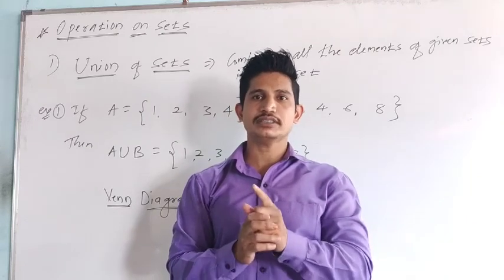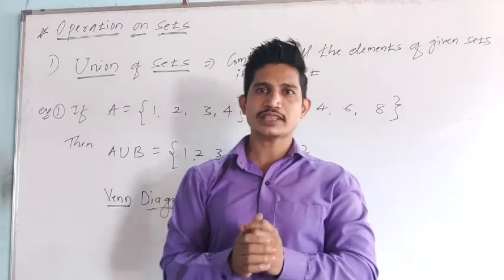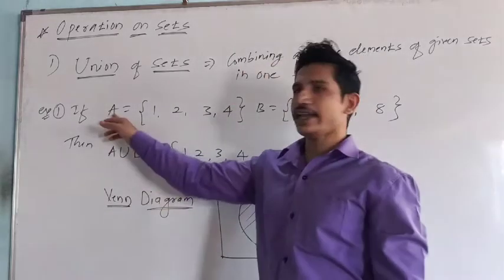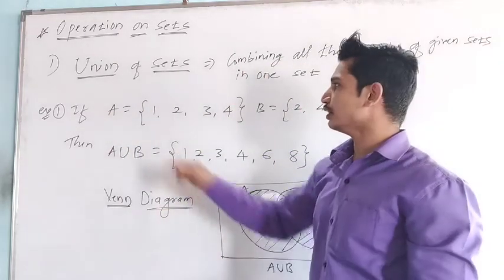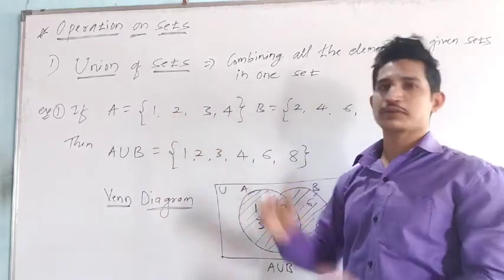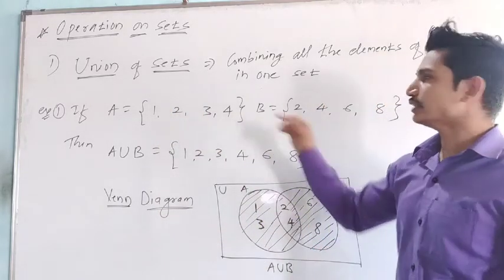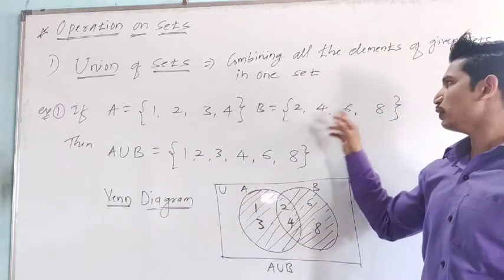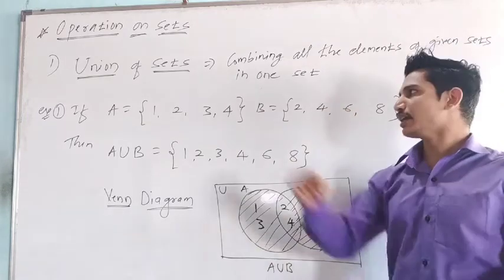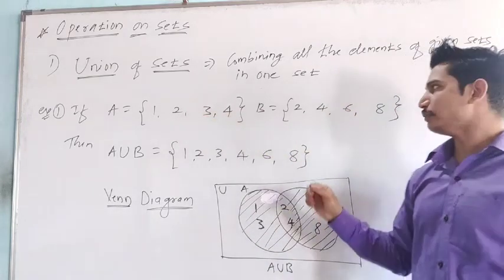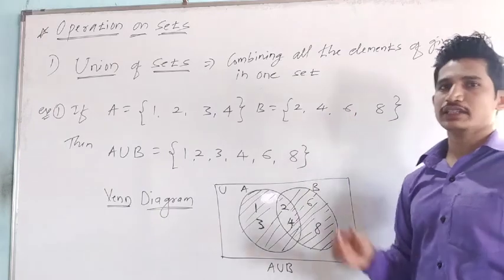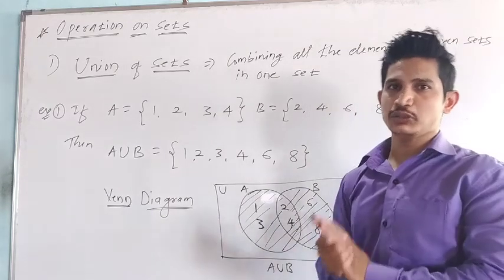For example, just see here. A is the set 1, 2, 3, 4, and B is the set 2, 4, 6, 8. Then what should we do? Union.